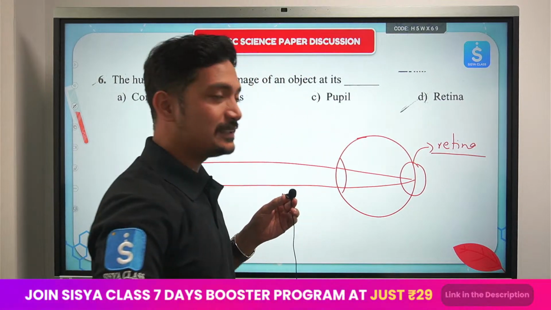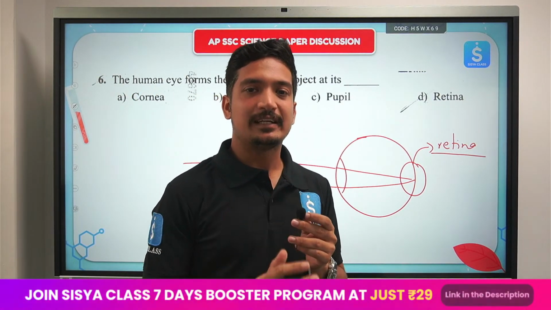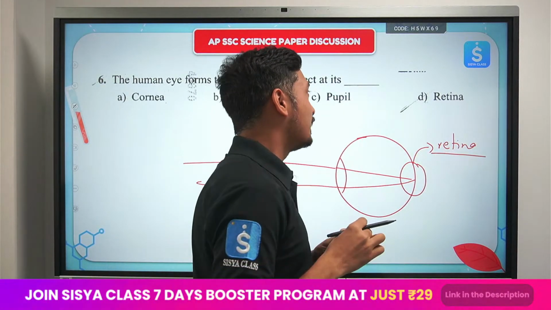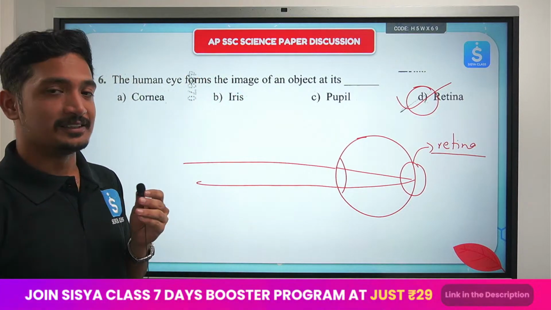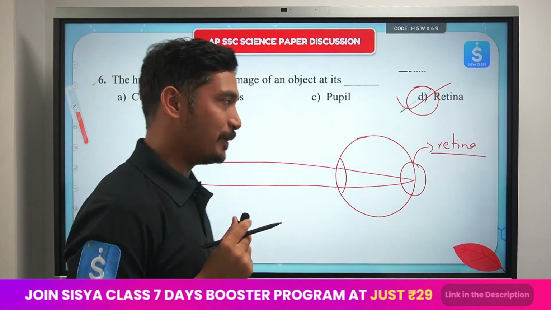So basically the image that we create of any object inside the eye actually falls on the retina, and therefore the correct answer over here will be retina. Retina is the correct answer. Okay, so if you have answered this, you have scored the marks for it.